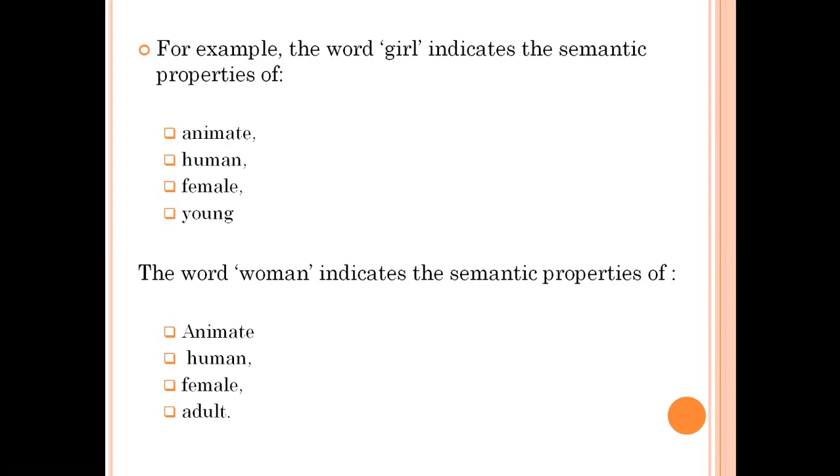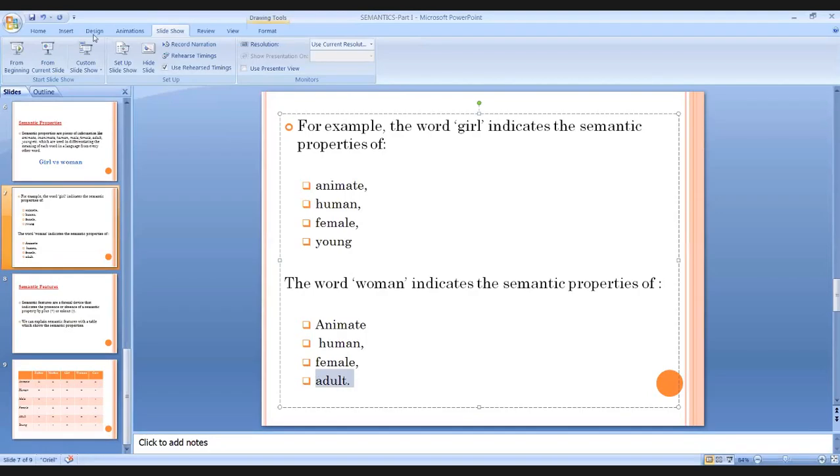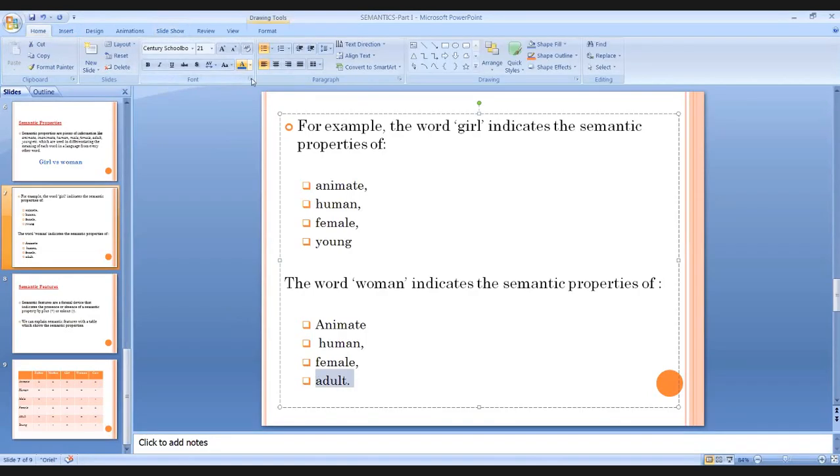I have already discussed it. If you look at the semantic properties of the word girl: animate, human, female, young. On the other hand, woman also has the semantic properties of animate, human, female. তাহলে প্রথম তিনটা কিন্তু একই, only the last one is different. One is adult, another one is young.